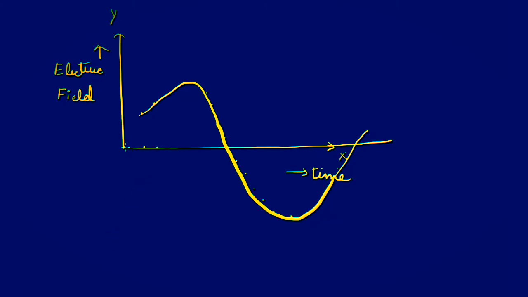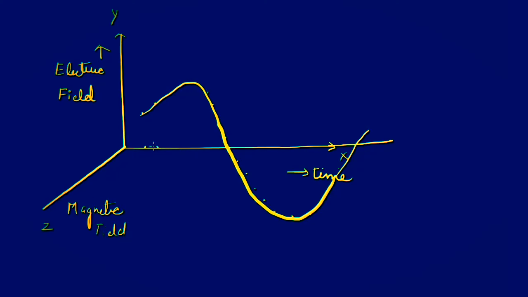Now since we have a changing electric field, it is going to create a magnetic field as well, and this magnetic field can be shown on the z-axis. Now at this point where the electric field was this, the same would be the magnetic field, but it will be shown on the z-axis. Now this magnetic field is also going to change in a similar manner as the electric field.